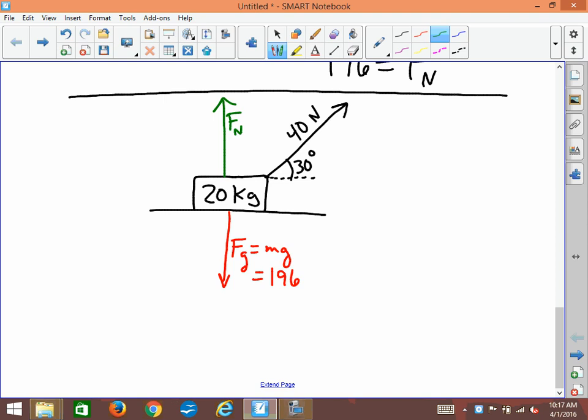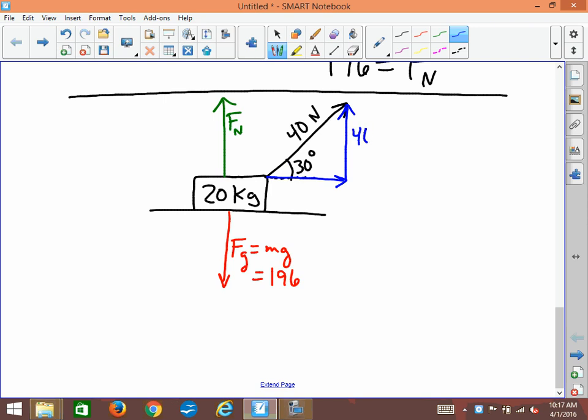It has both horizontal and vertical components. So this is the horizontal component, and this is the vertical component. You can see how it has an uppy-downy part that's going to have to be invited to the F net Y party. It's going to have to show up in that equation.